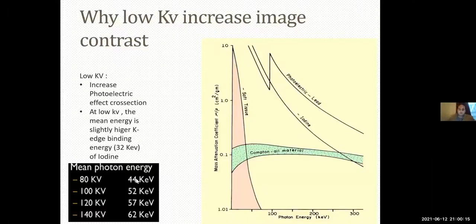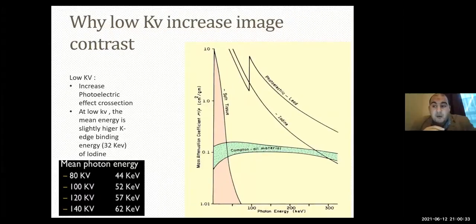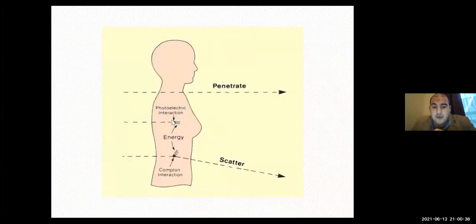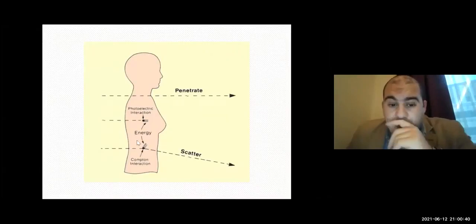Now, as we know, we have two interactions that happen inside the patient. On incidence of the X-ray beam on the patient, you will get photoelectric effect interaction and Compton scattering interaction. Which one is dominant at low energy? The photoelectric effect. Photoelectric effect means that the photon is totally absorbed inside the patient. But Compton scattering means that we release a scattered photon.